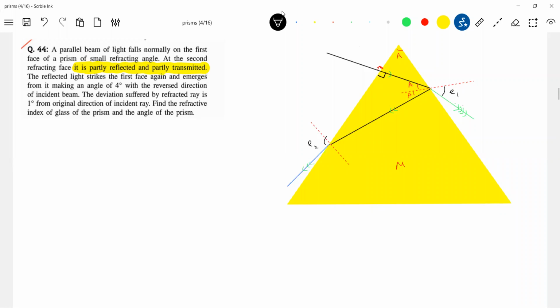This angle will be 90, and let this angle be theta. So theta plus 2A plus 90 should be equal to 180. Theta should be equal to 90 minus 2A.